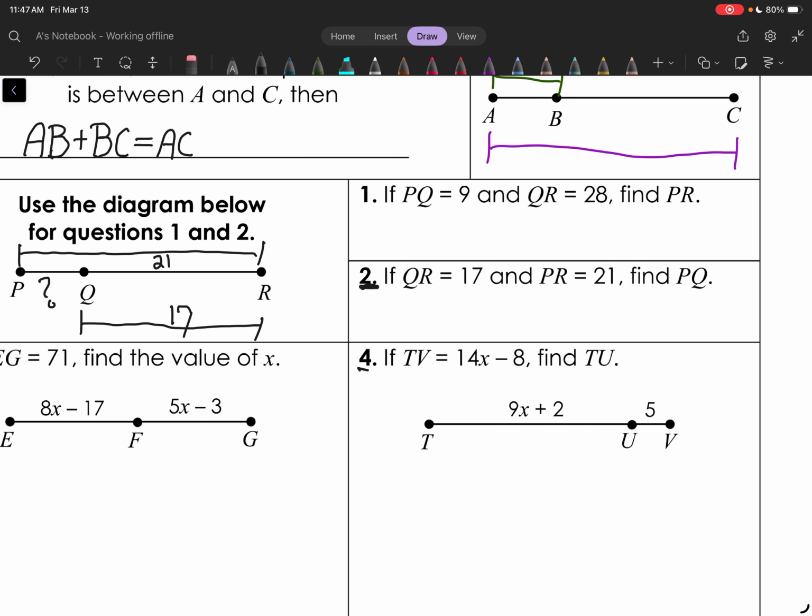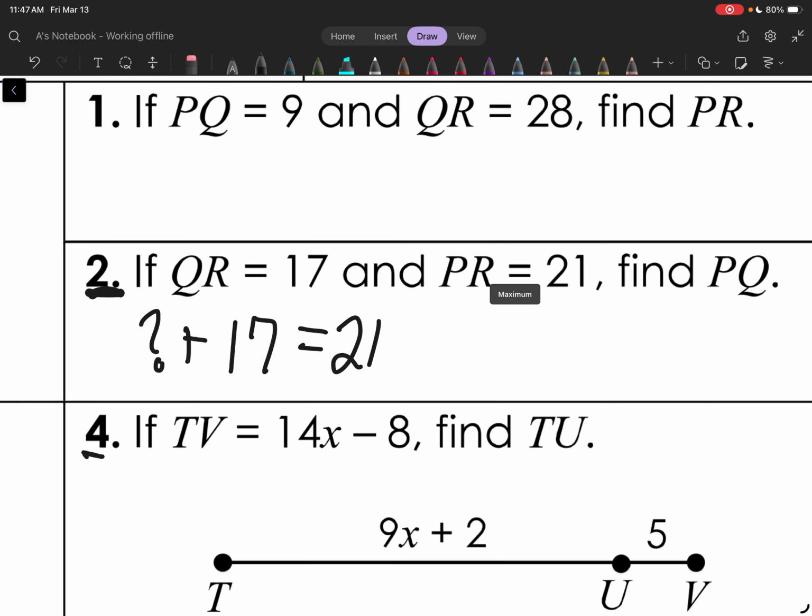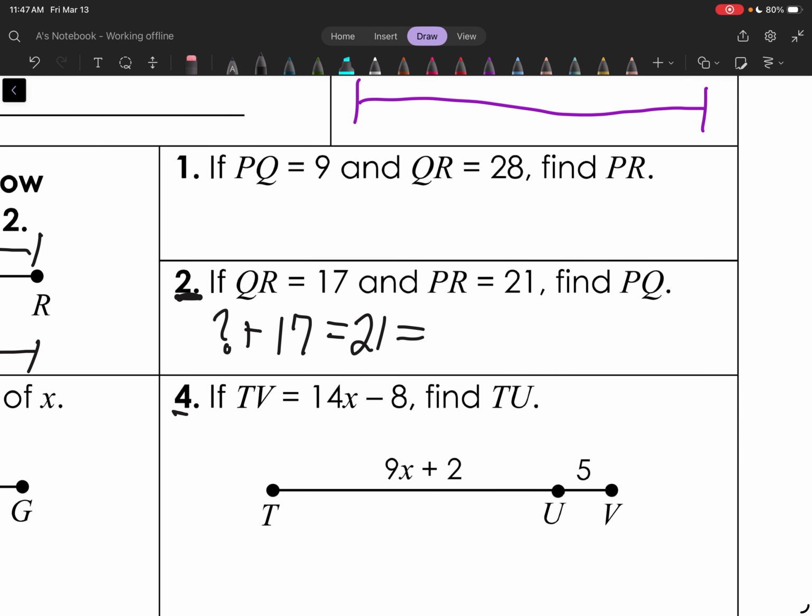Alright, the two inside line segments, so question mark plus 17 is equal to 21. Subtracting 17 from both sides, question mark is going to be equal to 4 units.